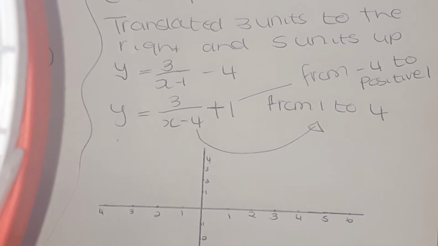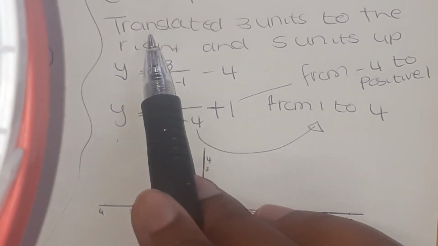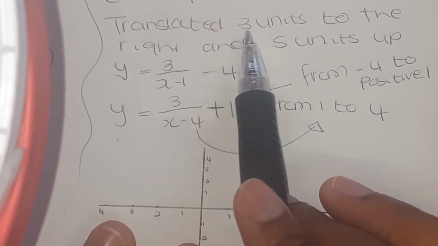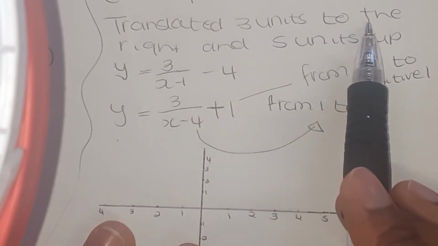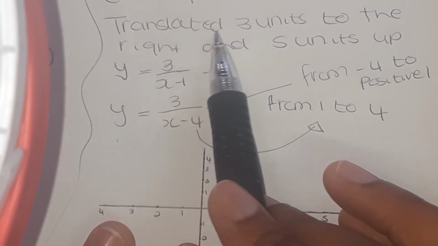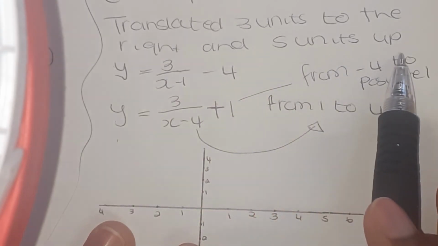We have done reflection, right? Now we're doing translation. Translation is when the graph has moved up or down. Now we have this formula, right? And the question will say translated 3 units up, or translated 3 units to the right, and 5 units up.